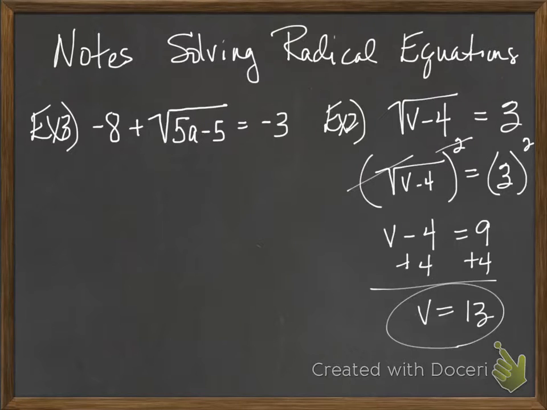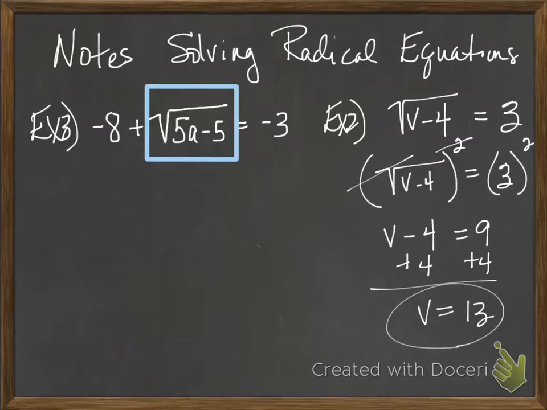So we say example 3 is harder than example 1 and 2 because the square root is not by itself. So I'm going to put a little blue box around the square root just to show you that your square root is not by itself. So you can't square it yet. You've got to make sure that the square root is completely by itself.